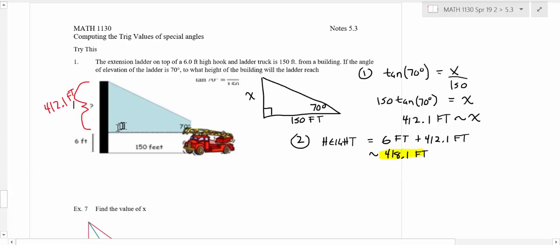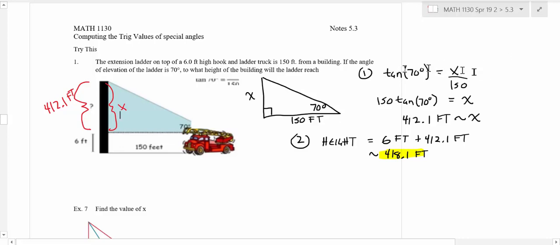I just looked at this triangle. This triangle has a 70-degree angle of elevation. I called this piece right here X, and that's not the whole thing, just that part right there. And then the base is 150. So it boils down to working with this right triangle. Again, I have opposite over adjacent, so I use the tangent of 70 is opposite over adjacent.